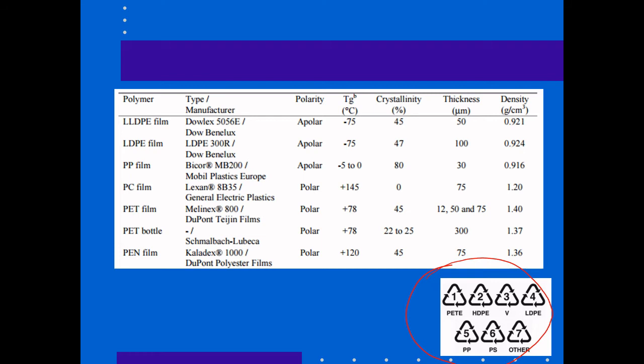So number one refers to PETE, polyethylene terephthalate material. Number two refers to HDPE, high density polyethylene.